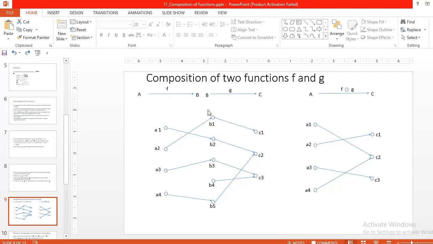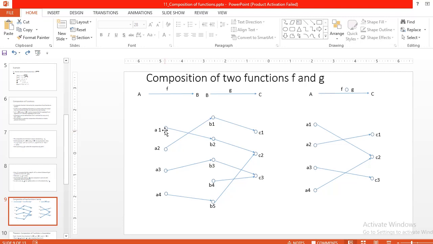The range of f is B, which is b1, b2, b3, b4 and b5. Similarly, the domain of g is B, which is the set b1, b2, b3, b4 and b5, and the range of g is C, which is the set c1, c2, c3.